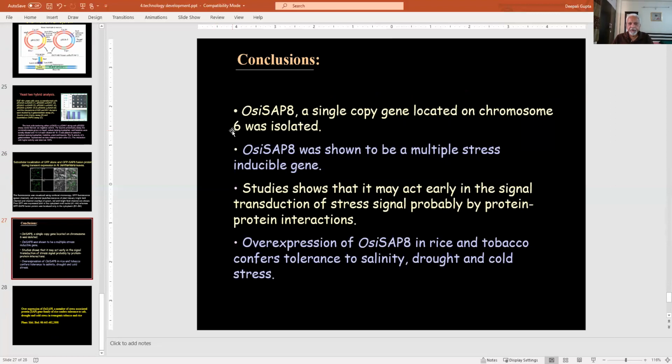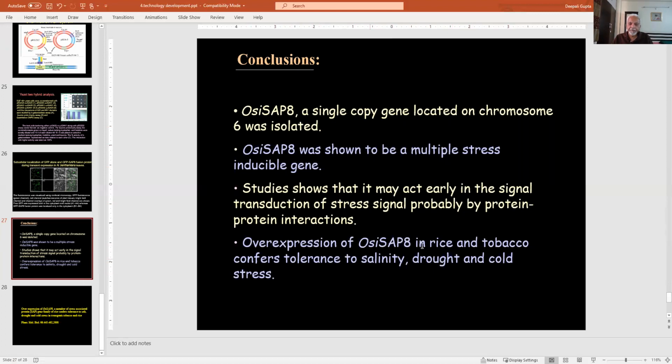So to conclude, what we have found here is that SAP8 is a single copy gene located on chromosome 6, which was isolated, and it was shown to be a multiple stress inducible gene. It is involved in the signal transduction of stress signals, probably by protein-protein interactions, and overexpression of this gene in rice and tobacco confers tolerance to salinity, drought and cold stresses.